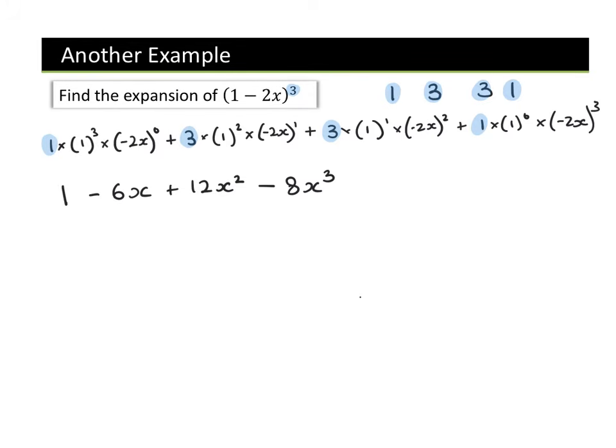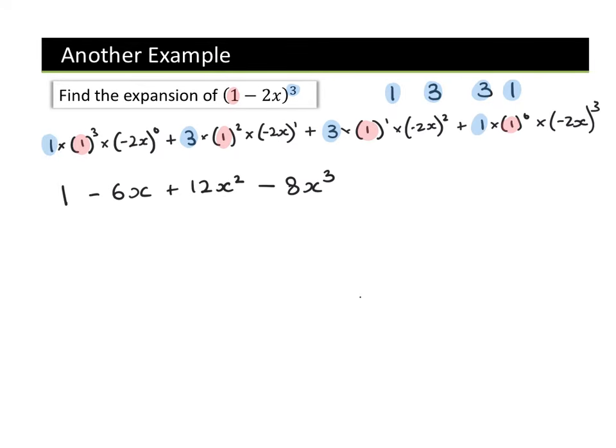Then, for your first term, this one here is going to be in each term. But the powers are going to start at 3, 2, 1, 0. They're going to descend. And the first term is always going to be the highest power.